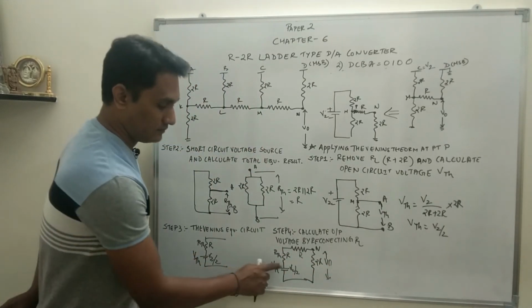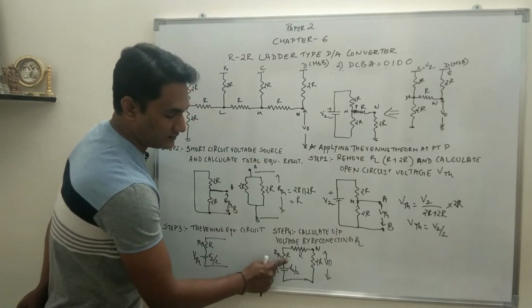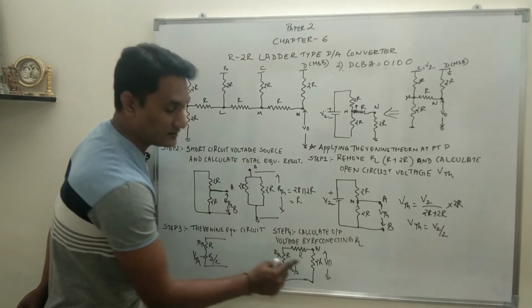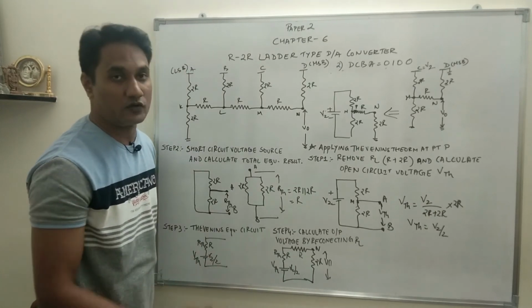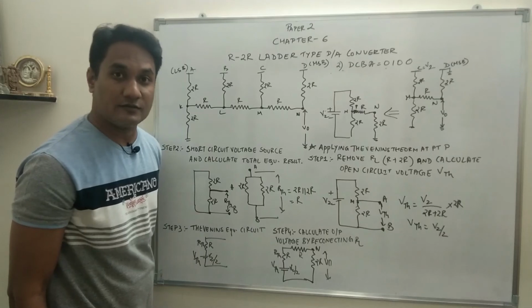Now in this entire circuit, what you can see is this R and 2R in series. If they are in series, current remains the same, voltage divides. Again you have to apply the voltage divider equation.